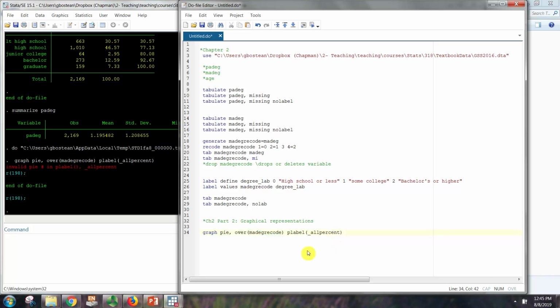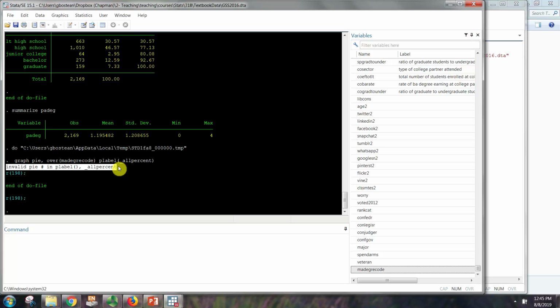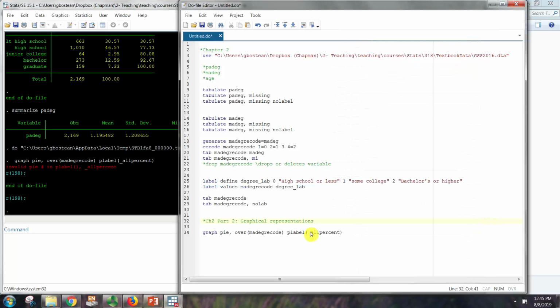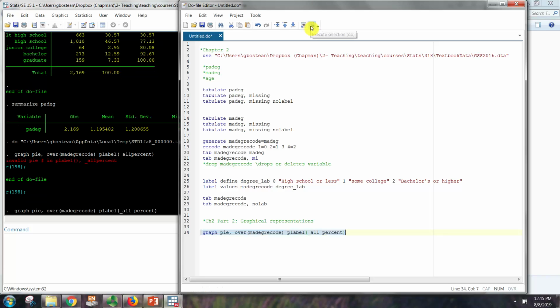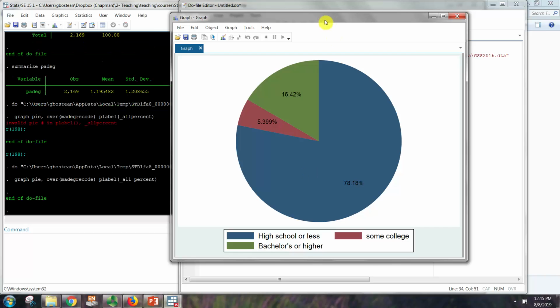I missed a space. So notice that it gave me a red error in the results window, invalid pie number in P label, comma, all percent. Ah, that's because, what did I miss here? It should have been all with a space and then percent. So let's try to rerun it and re-execute.